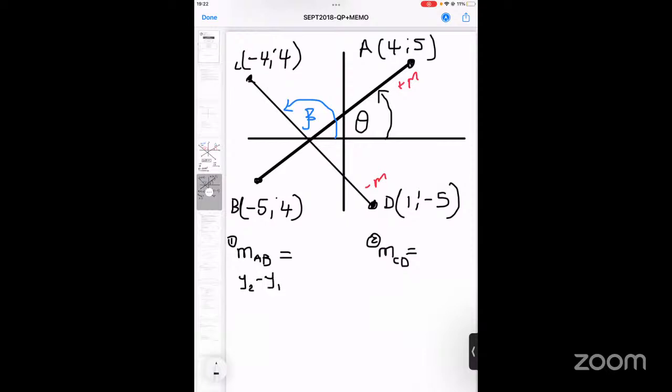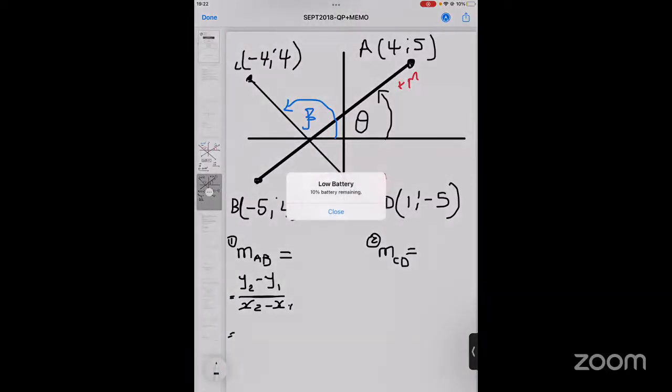Y2 minus Y1 over X2 minus X1. So what is your Y2?